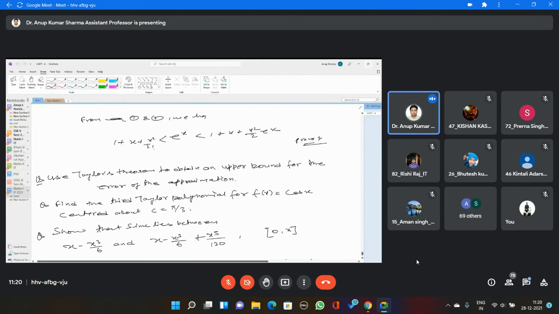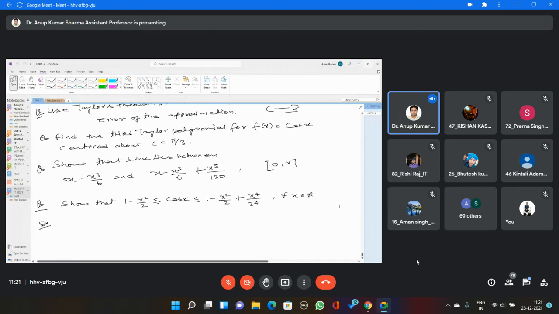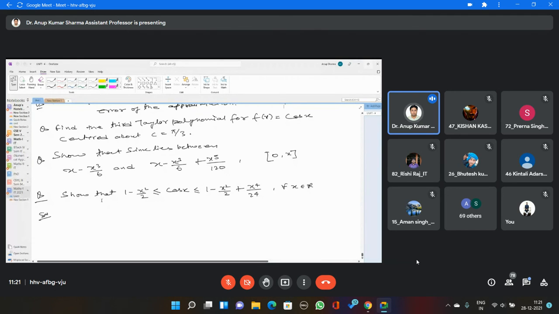This question you can do. If you have some doubt, you can practice. I will solve this problem tomorrow. After that we start the Taylor series and Maclaurin series immediately in the next lecture.